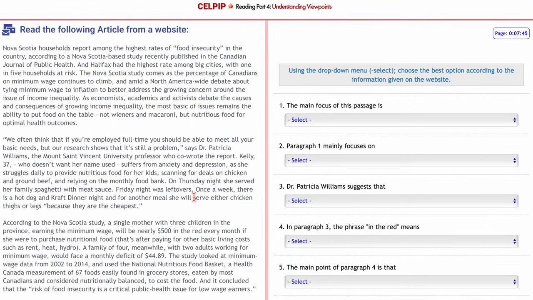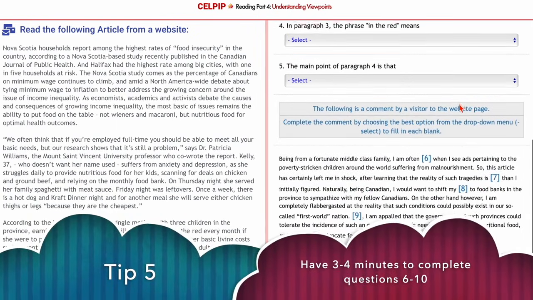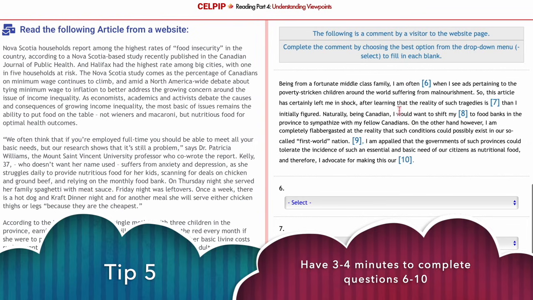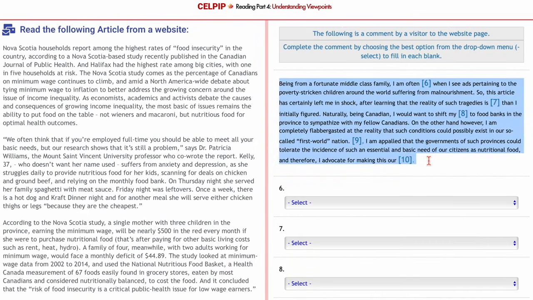And then the last part that I think is important is about time. And we should give ourselves at least 3 or 4 minutes to complete the last part. It's very important.